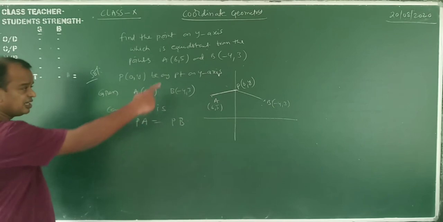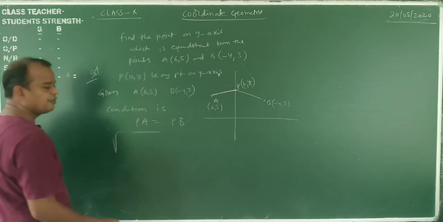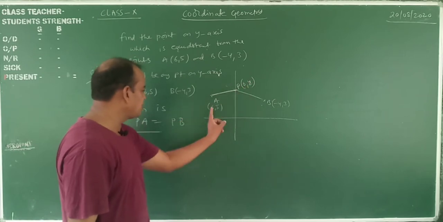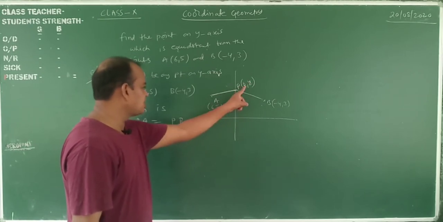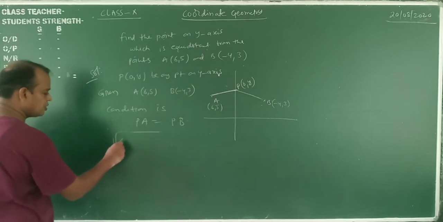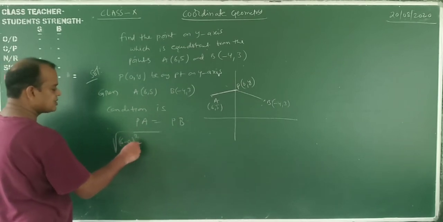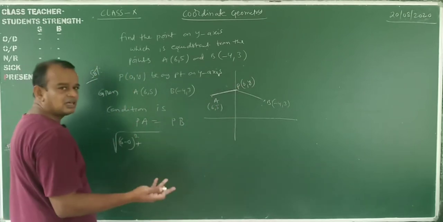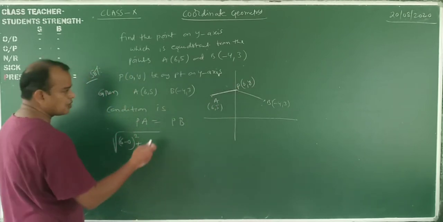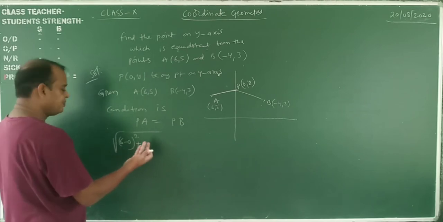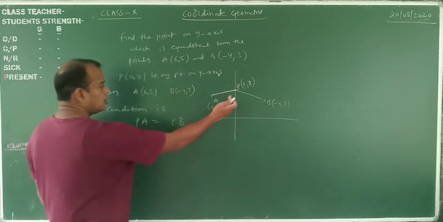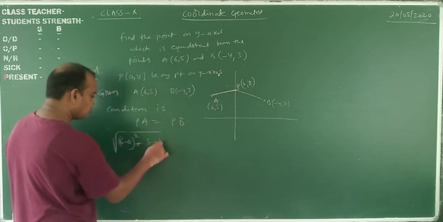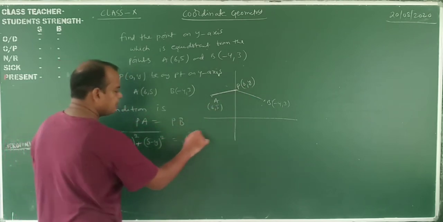Now PA means the distance. What is the formula? Square root of (x2 minus x1) whole square plus (y2 minus y1) whole square. Suppose this is x1, y1 and this is x2, y2. So (6 minus 0) whole square plus (5 minus y) whole square, that equals PB.